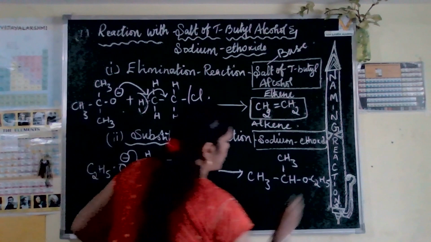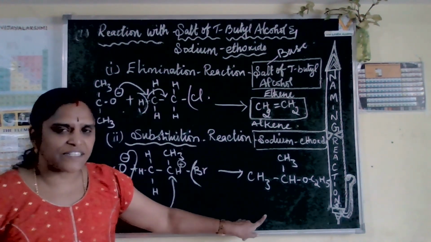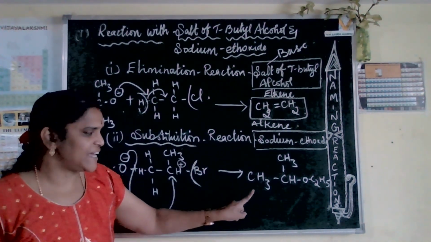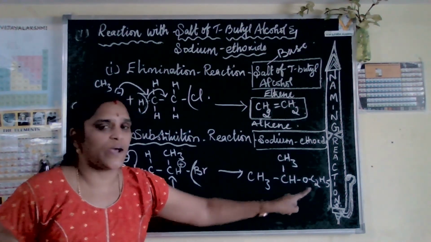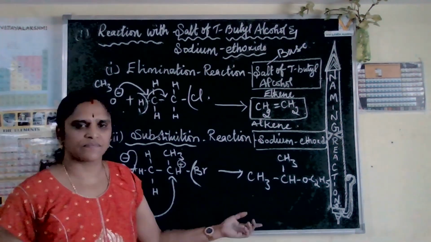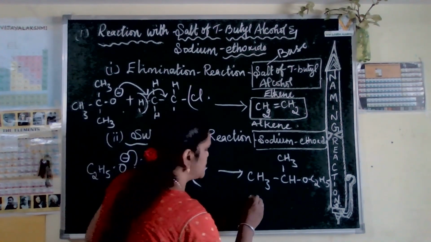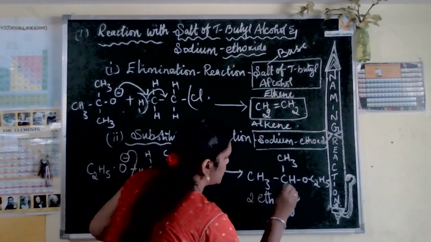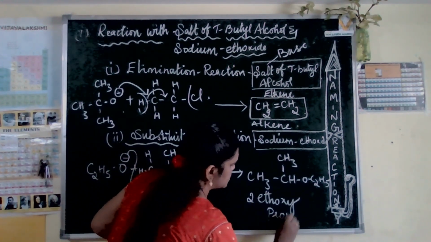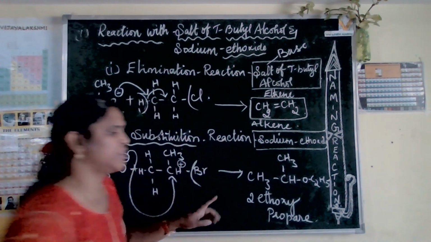OC2H5. Okay, what is the name of it? Can you guess? Here CH3, CH, CH3, O, C2H5. Come on. Here the name is 2-ethoxy propane. Right? 2-ethoxy propane.